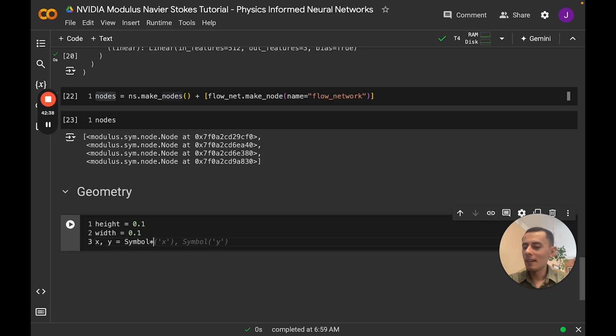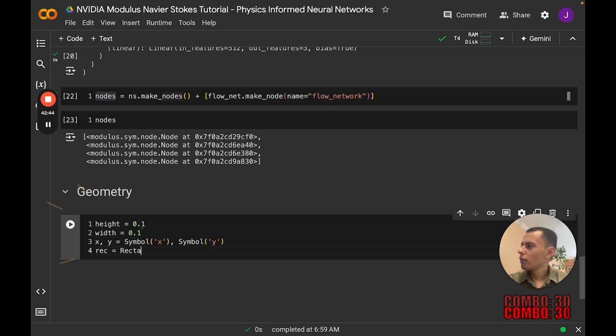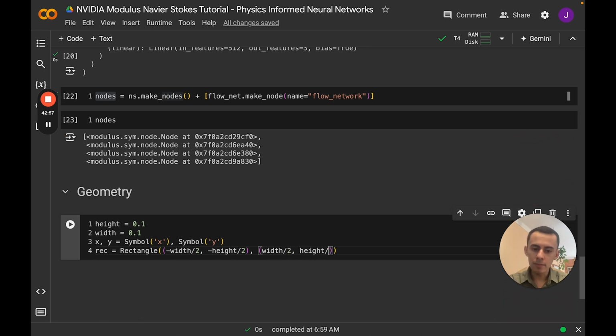Symbols x and y. Rectangle is a rectangle. All of these are classes of SymPy, I think, if I'm not mistaken. But you know, it's divided by 2, right? Because we take it from the center.